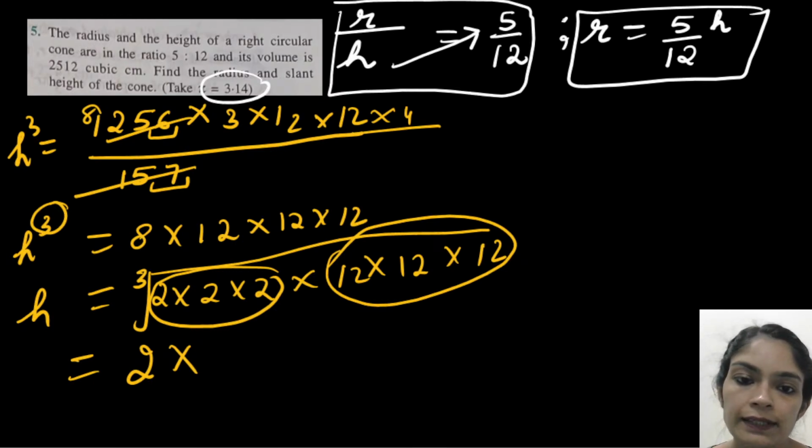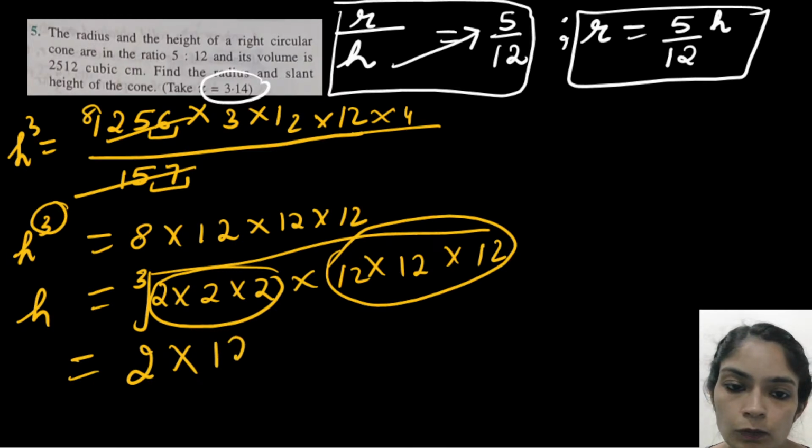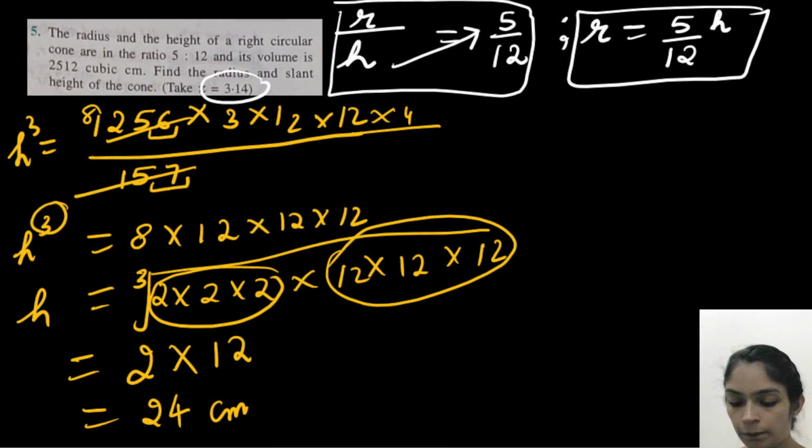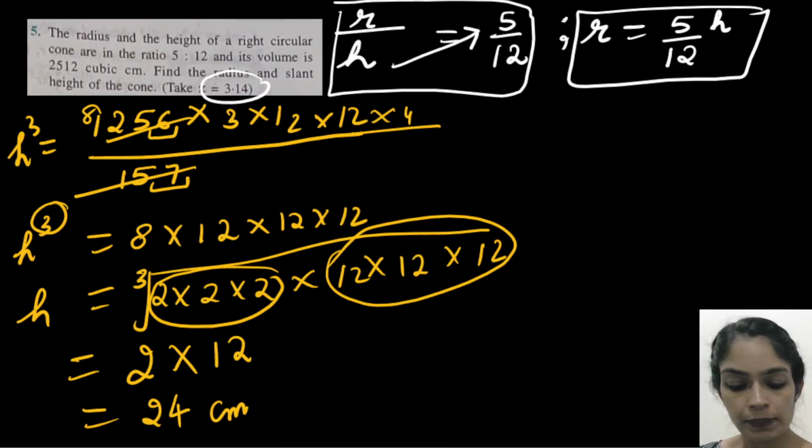So the 12s' triplet I'll take out of the root as 12. So 2 into 12 is 24. Yes, I missed 4, I just wrote it by mistake. So the height's value we got is 24 centimeter.